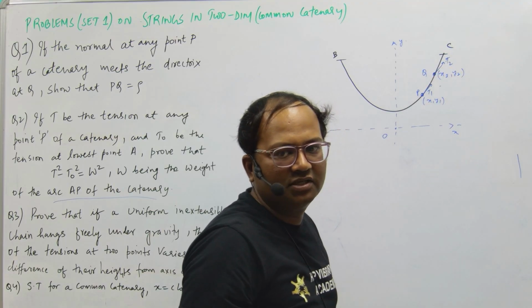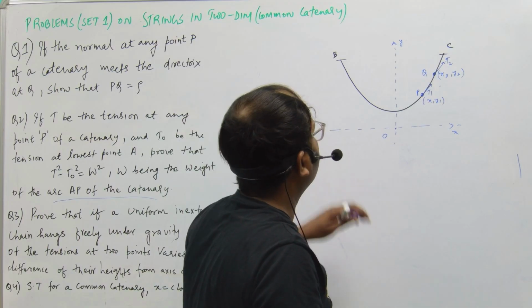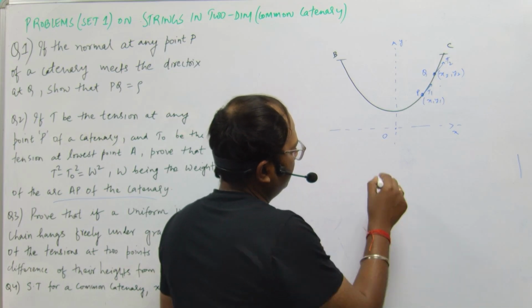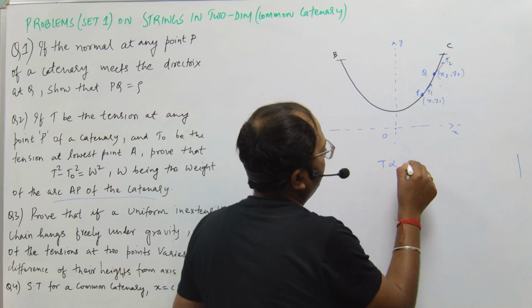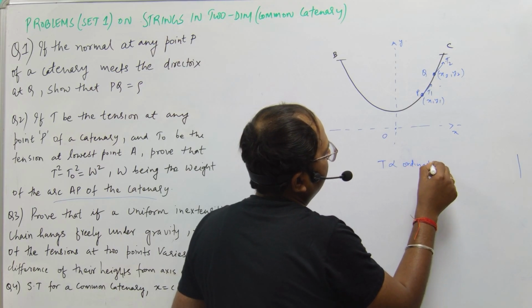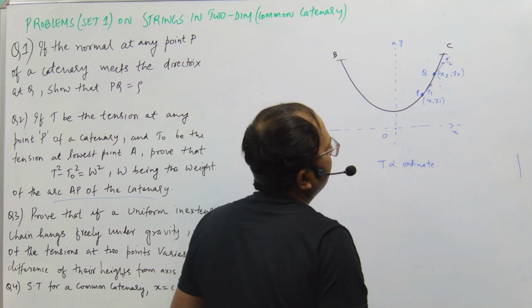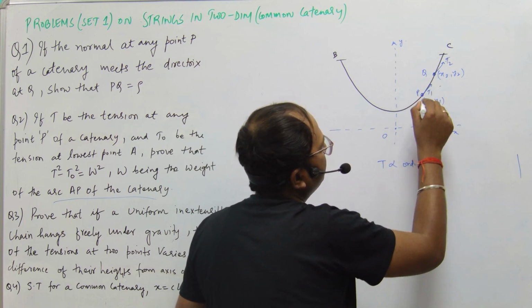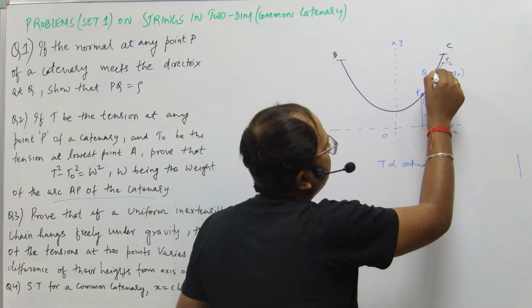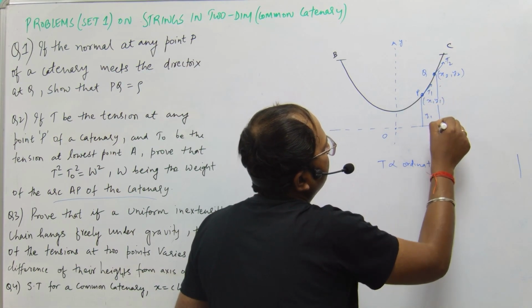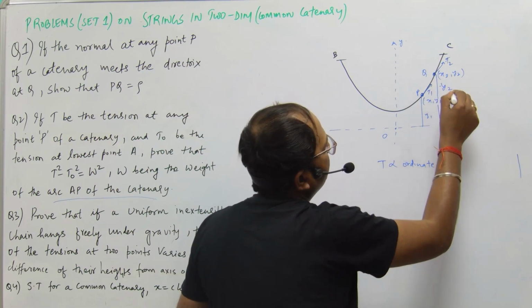We have studied in the relations of the common catenary that the tension at any point P is proportional to the ordinate, that is, the distance of this point from the axis of x. So the distance of point P from the axis of x is y1, and the distance of the other point is y2.